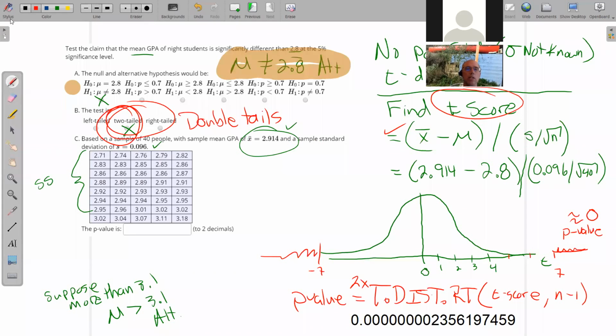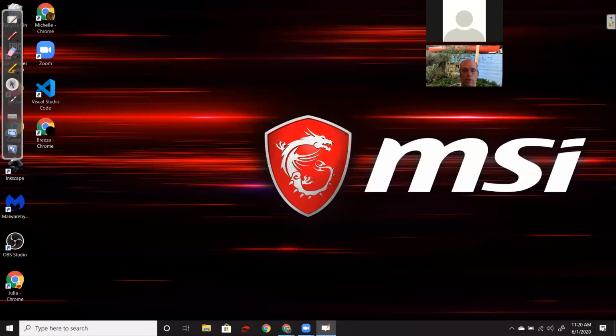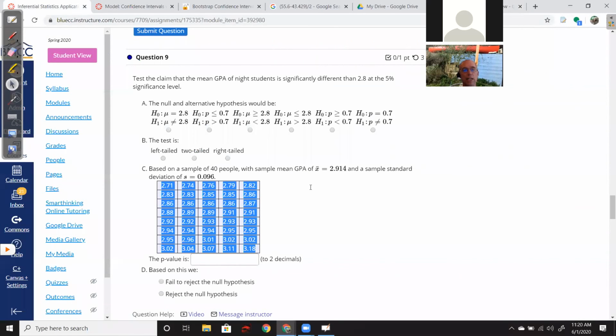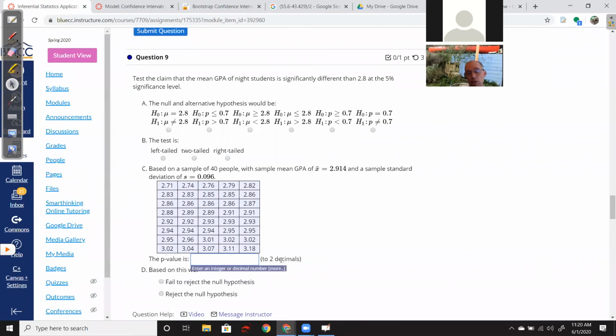What does that mean? So this number has to be times 2, which is still about 0 to 7 decimal places. There we go. So back here, what's my p-value to 2 decimal places? 0. All right, what does that mean?